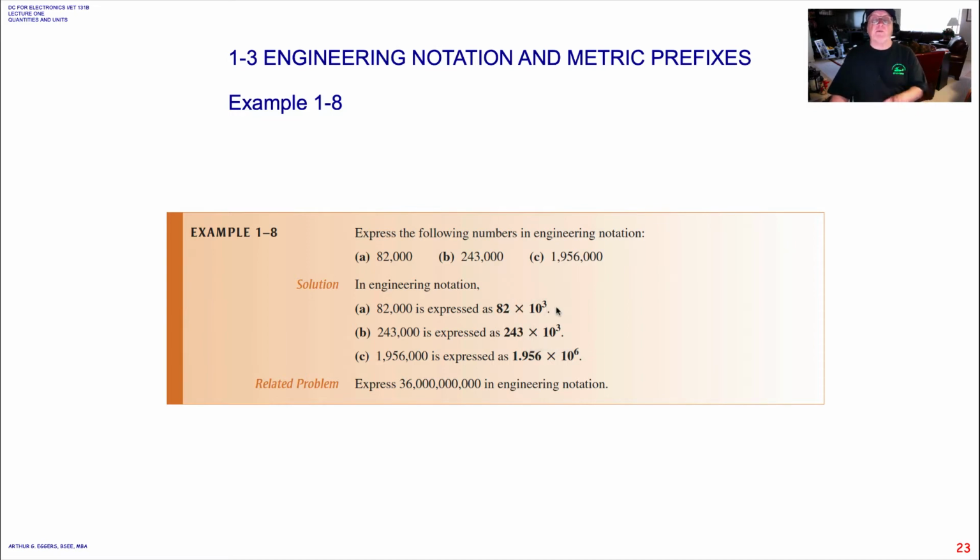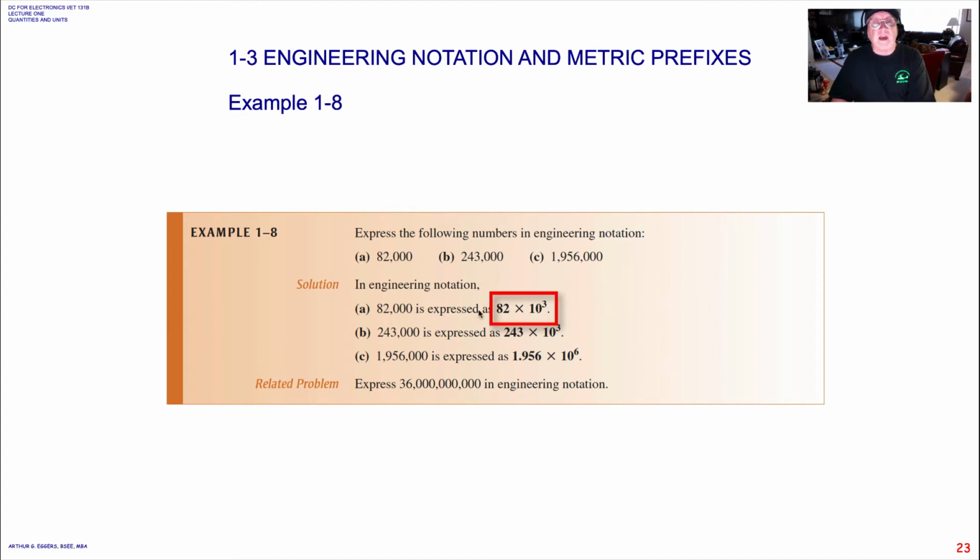And this is going to become important because when we start using the next step, the metric prefixes, this allows us to use these alpha characters for milli and micro, etc., pico. In terms of the exponent, we can use the letter.